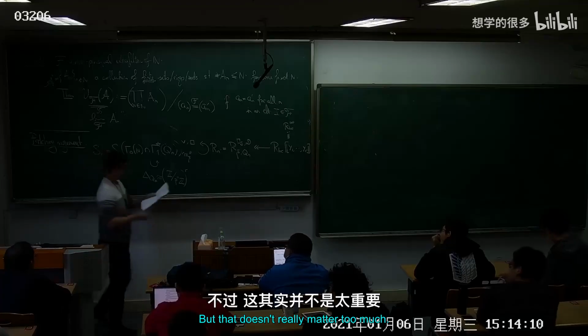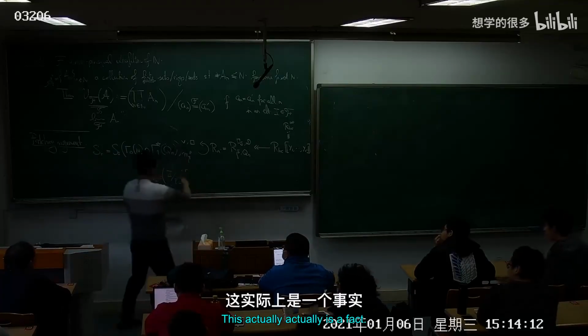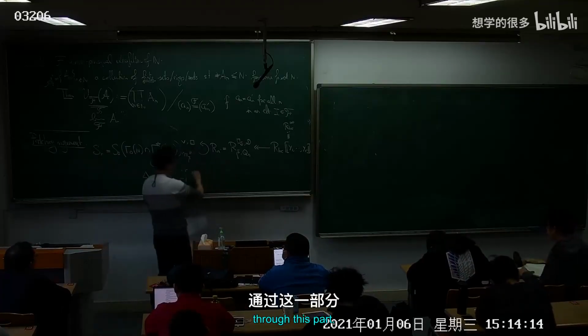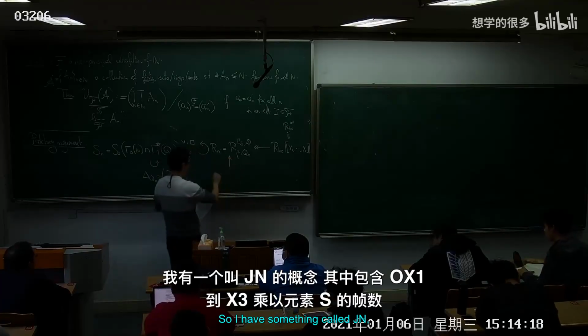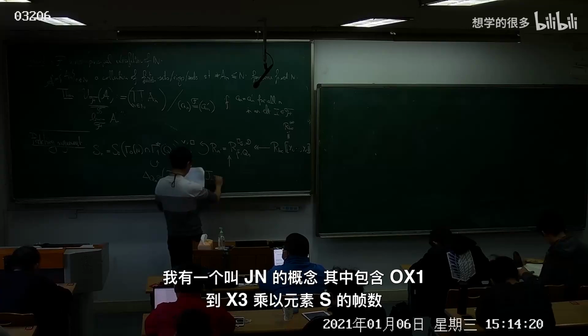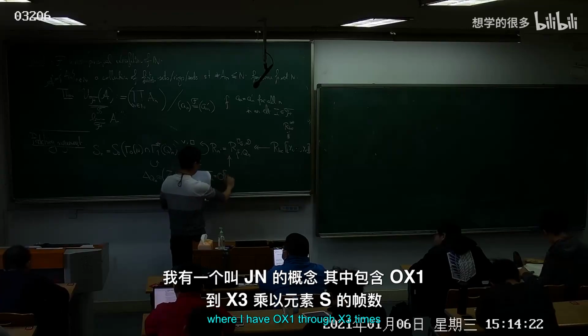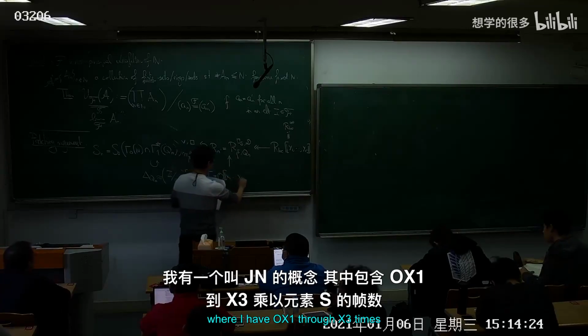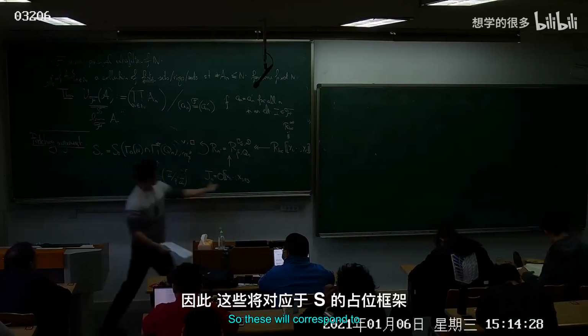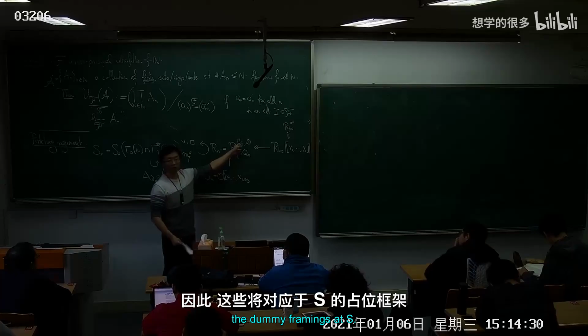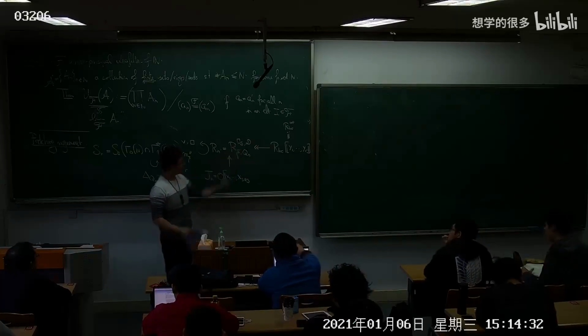But that doesn't really matter too much. This actually factors through this part in the following sense. I'm going to rewrite this as J_n, where I have O[[x_1 through x_3]] times framing, with the number of elements of S. So these will correspond to the dummy framings at S.